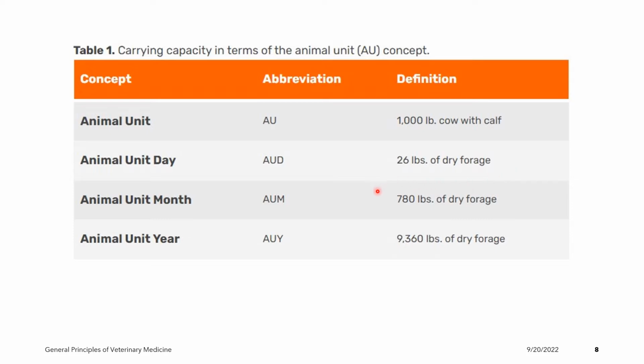We just multiply the 26 pounds, which is the animal unit day, by 30 to get 780 pounds of dry forage. We also have here the animal unit year, and we get this value by multiplying 26 pounds by 360 days, so that is 9,360 pounds of dry forage.